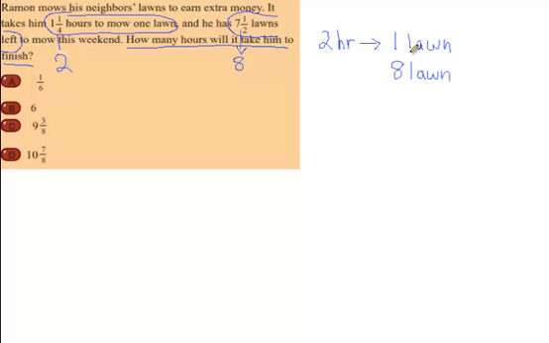If you have 8 lawns left to go, am I taking 2 and 8 and multiplying them together? I think I am, because if he has 8 lawns, that's going to take him 16 hours.